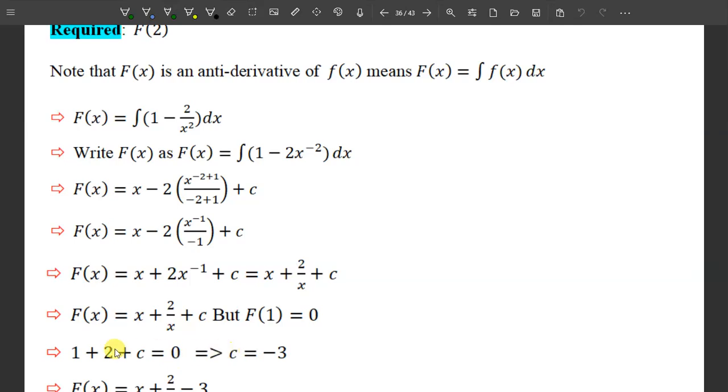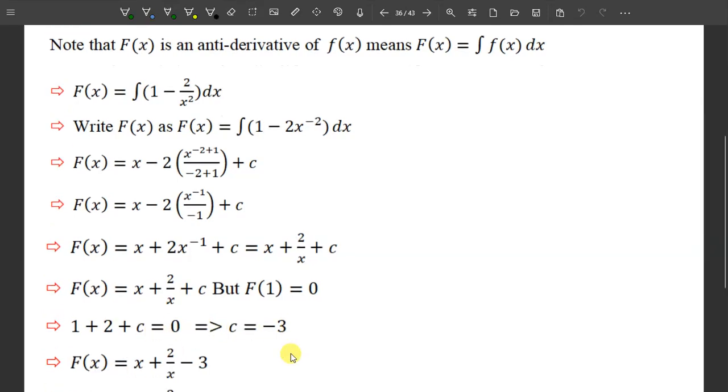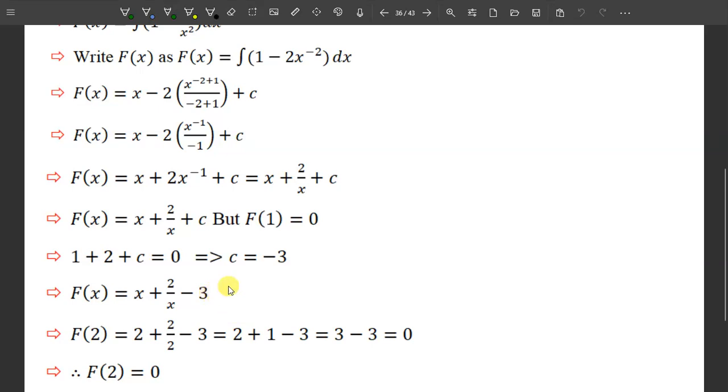Since the sum of 1 and 2 is 3, c is equal to minus 3. We got the value of c. Therefore F(x) is equal to x plus 2 over x minus 3.